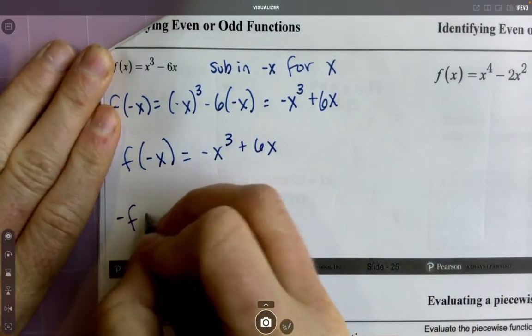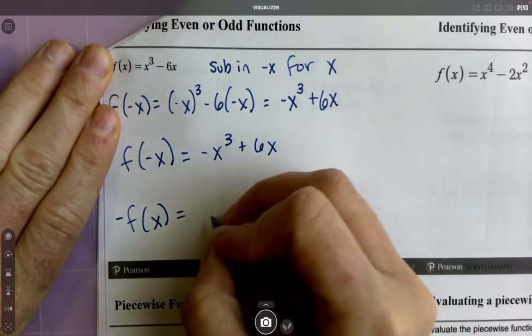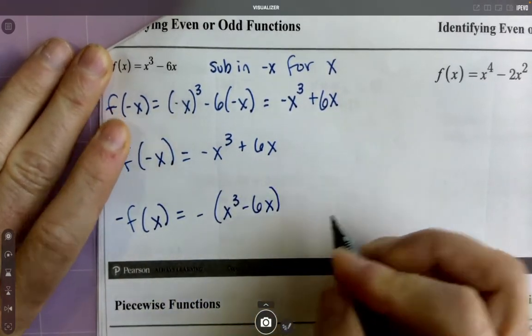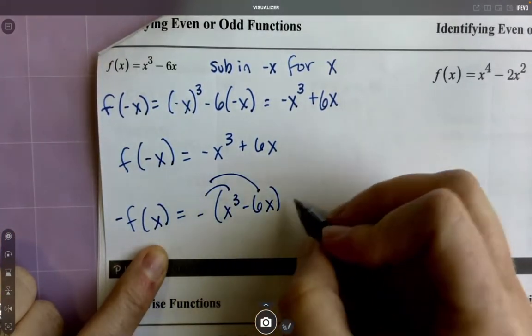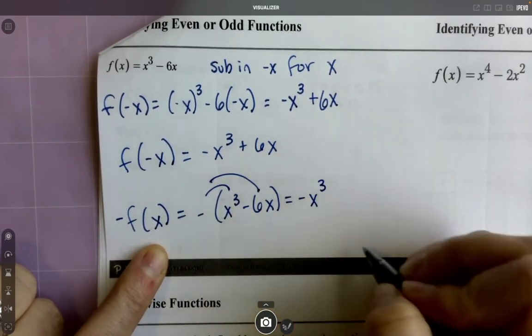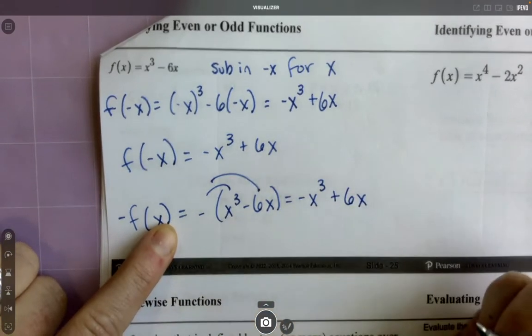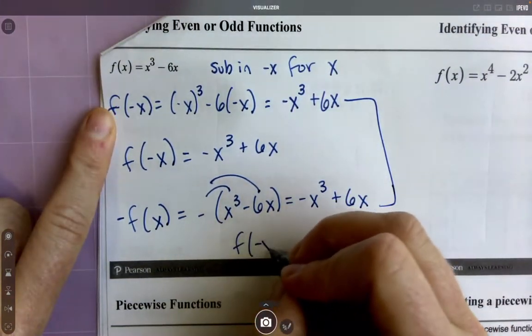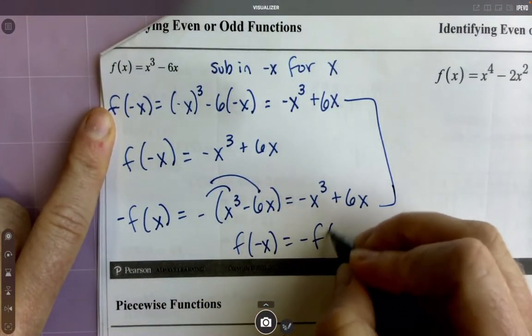If we do negative f of x, we get negative of x cubed minus 6x, which you distribute, and you get negative x cubed plus 6x. So these are the same. f of negative x is equal to negative f of x.